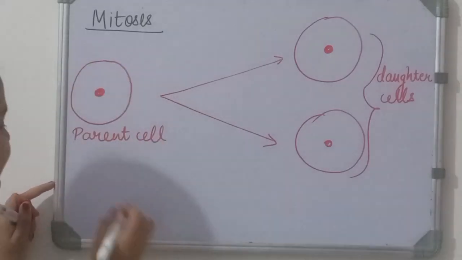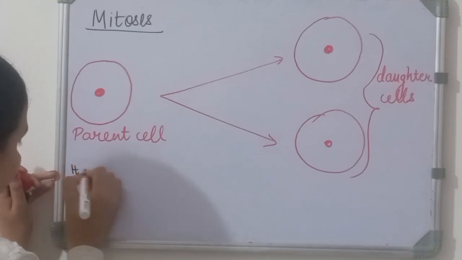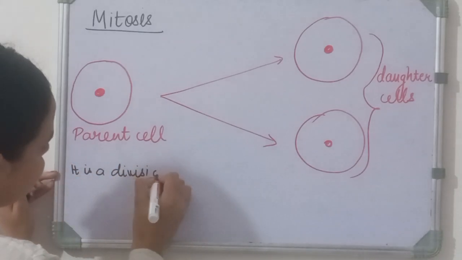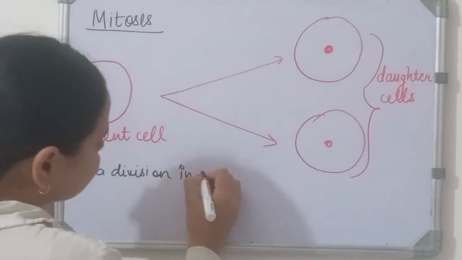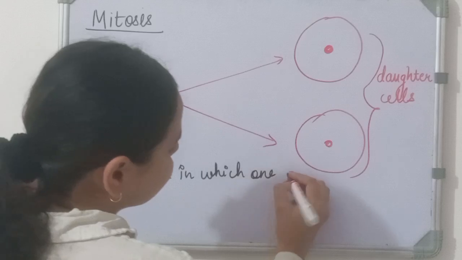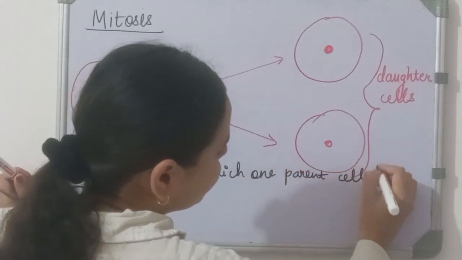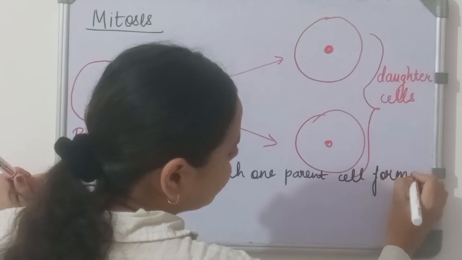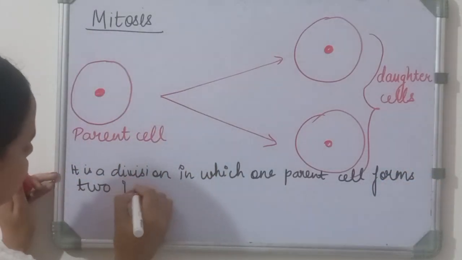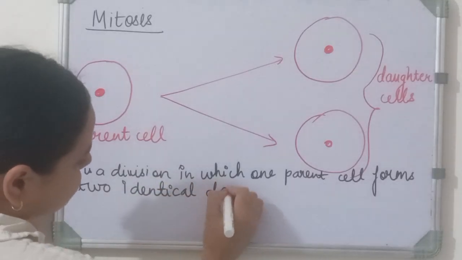So mitosis is a division in which one parent cell forms two identical daughter cells.